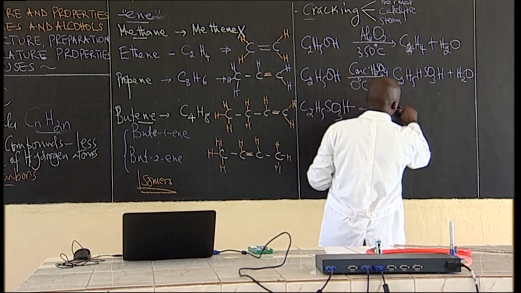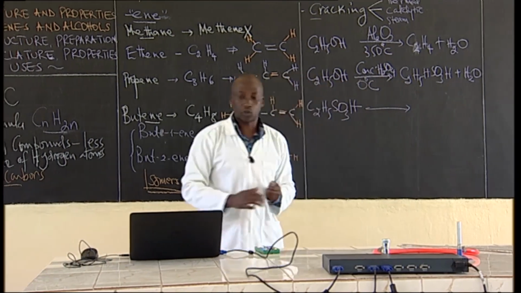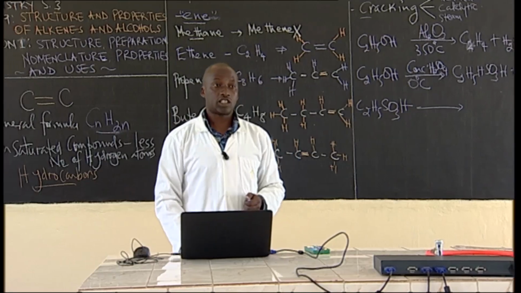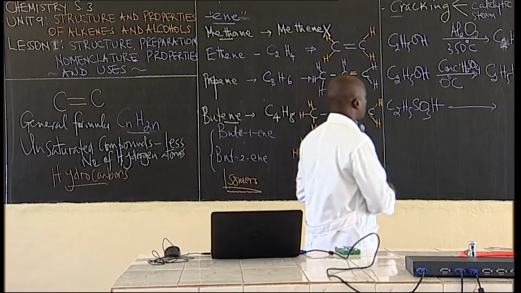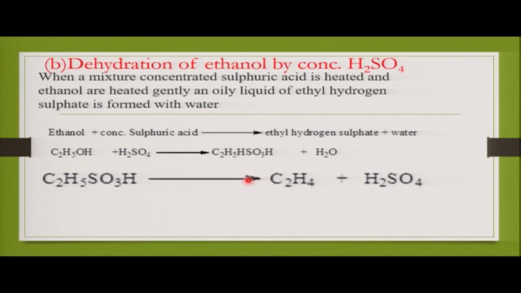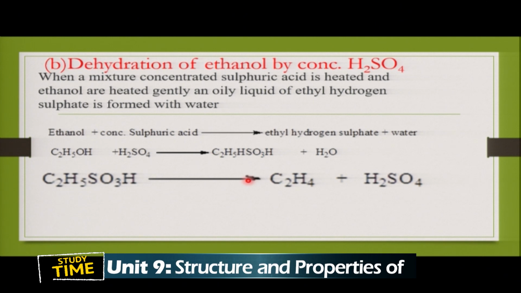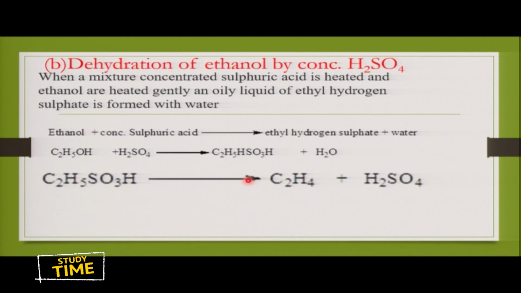So this one breaks down, we have it on the screen. So this is what we have, SO3. So this one now breaks down because we said it is unstable to form ethene plus concentrated sulfuric acid. So that is what is mentioned.